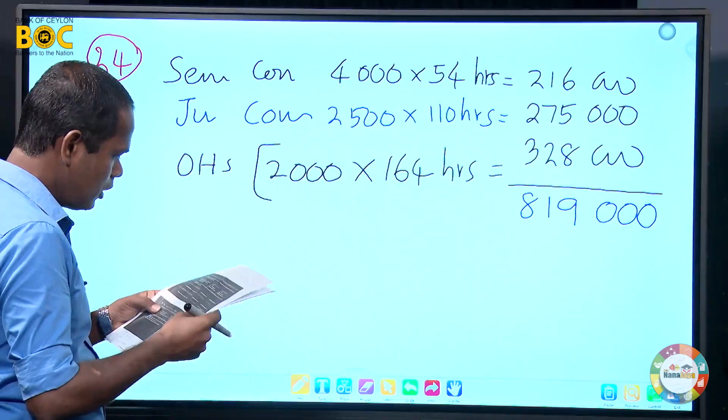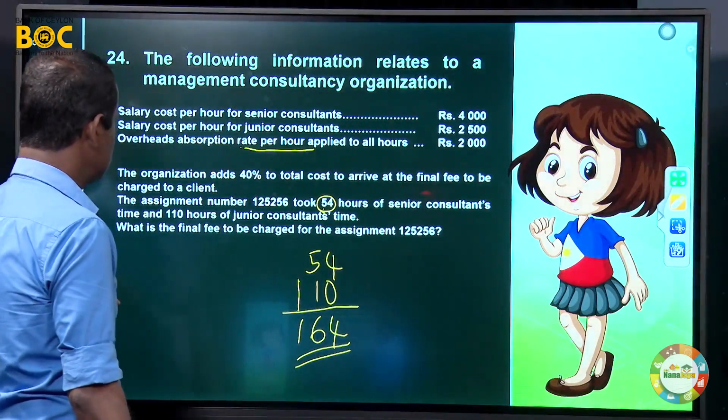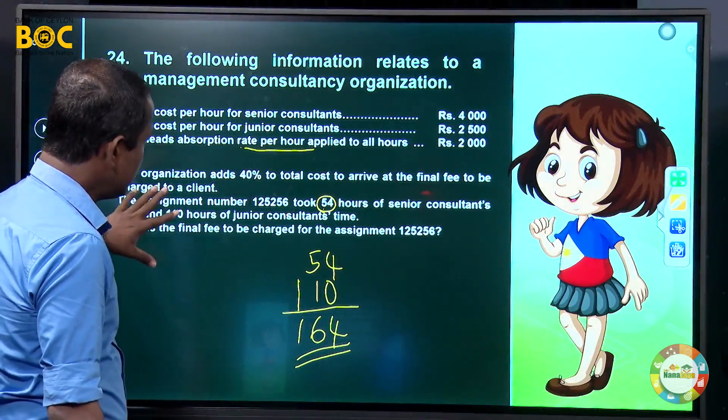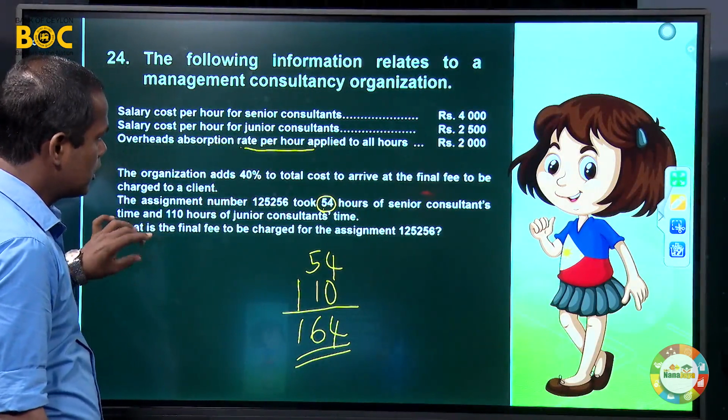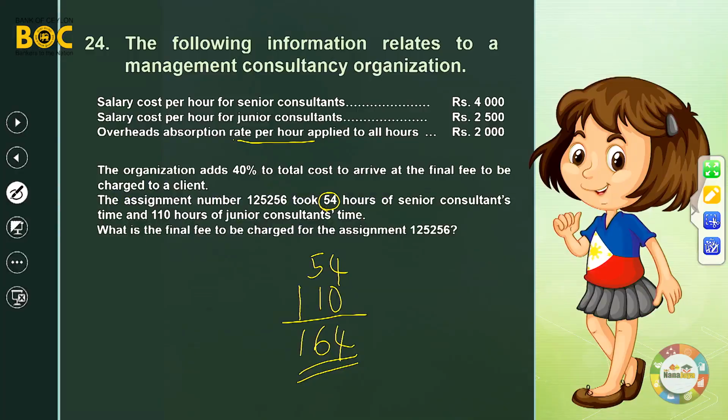819,000. Then the question says the organization adds 40% to the total cost to arrive at the final fee.